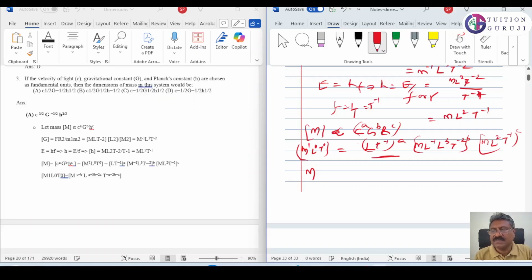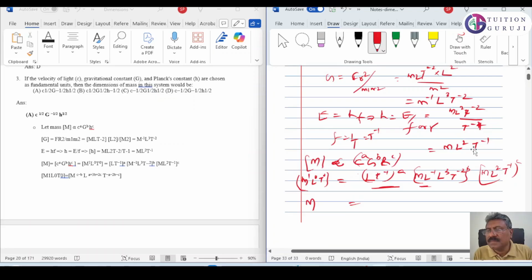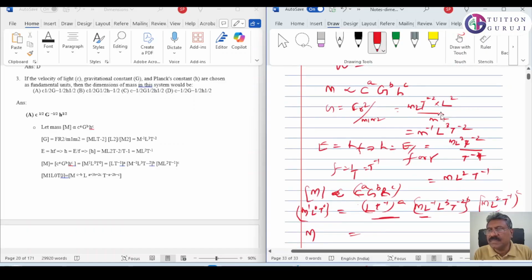Here, in the first quantity there is no m, in the second there is. Sorry, G is actually M raised to minus 1.